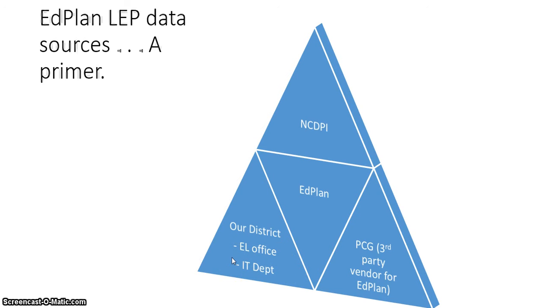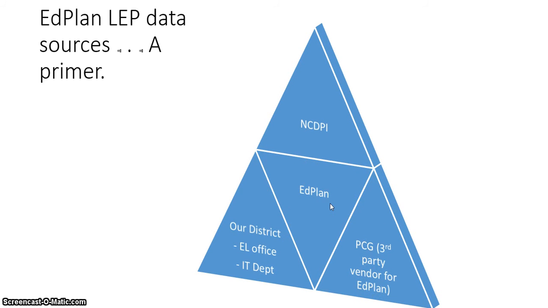We have a couple of programmers downstairs that work with me if we have an issue and need to resolve it. And there's actually a third group of folks here that really help me out. Our EC department has a specialized process team that helps me whenever any issues come up with EdPlan. And then the third party vendor, the vendor that actually owns EdPlan, is called PCG. All of these entities on the periphery of this triangle feed into EdPlan.